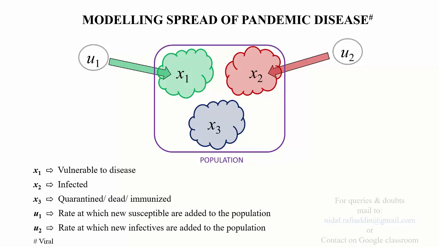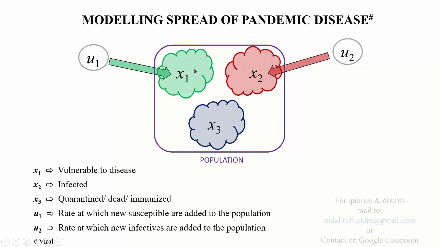Moreover, this representation can be applied to viral messages that keep floating in the population. It may be information, a message, a disease, or your computer infected by a virus. This model represents all sorts of viral spread that keeps happening within the population.